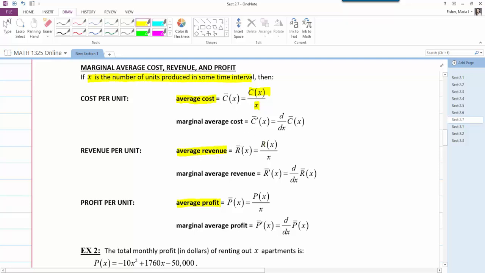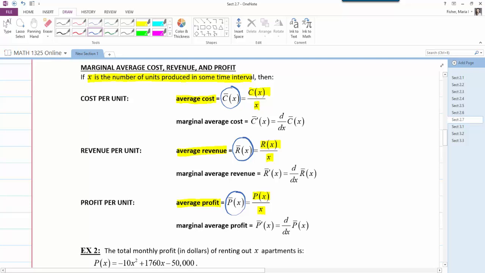So average revenue is your revenue function divided by x, and average profit is your profit function divided by x. Average profit, average cost, and average revenue is always denoted by that bar on top of the function, so that we know that we are looking at the average function.